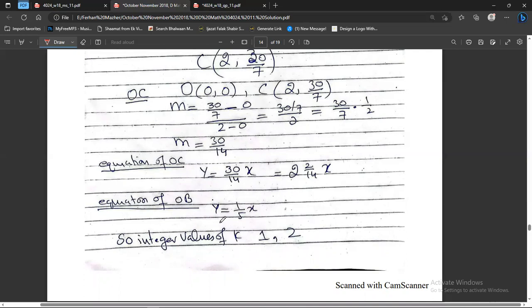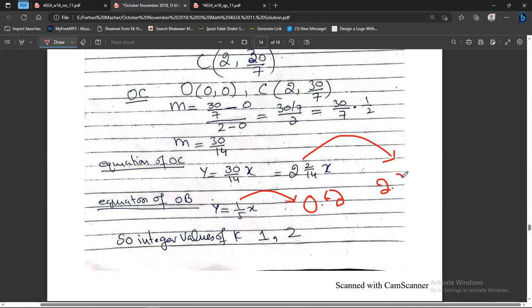So your k value is between 1 by 5, which means 0.2, and this number here is 2 point something.